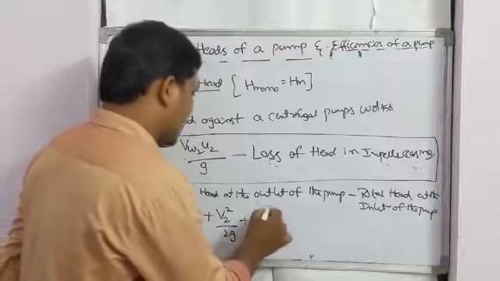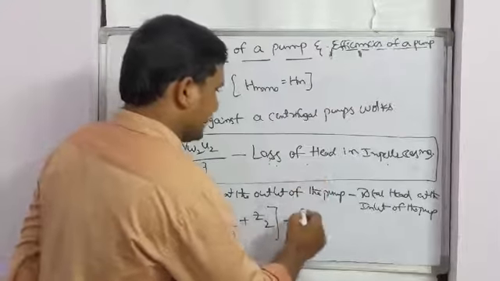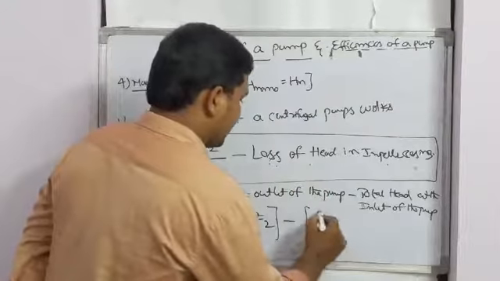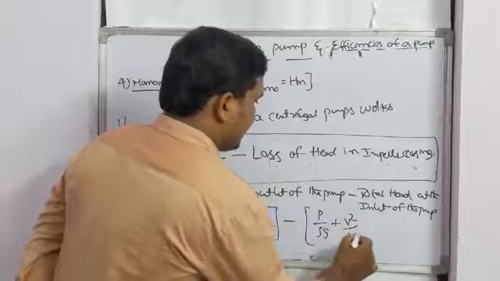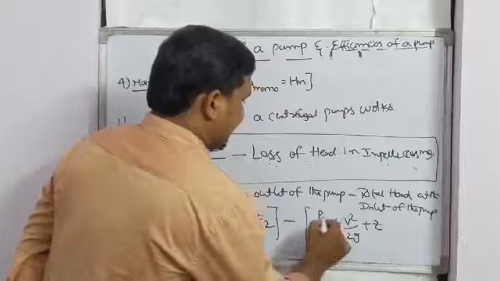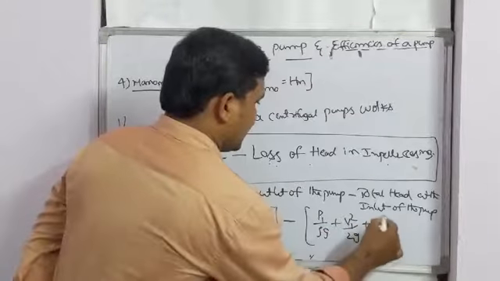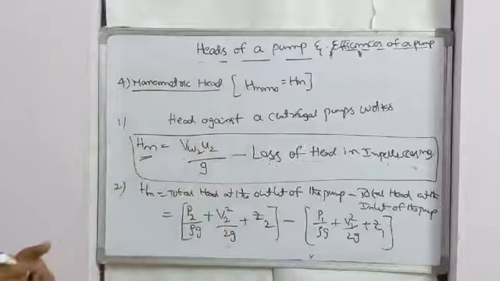This is the total head at the outlet minus the inlet total head, again from Bernoulli's equation, P by rho g plus V square by 2g plus Z, at the inlet which we call 1. This is another equation for manometric head.